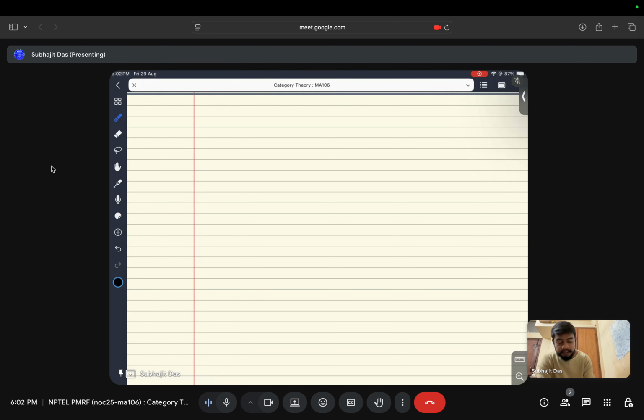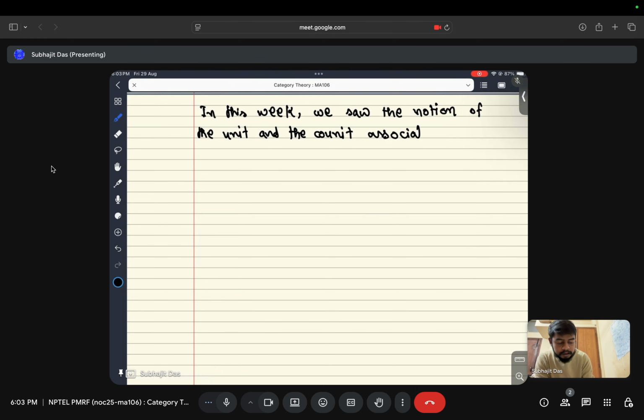In this week we saw the notion of the unit and the co-unit associated to an adjunction.